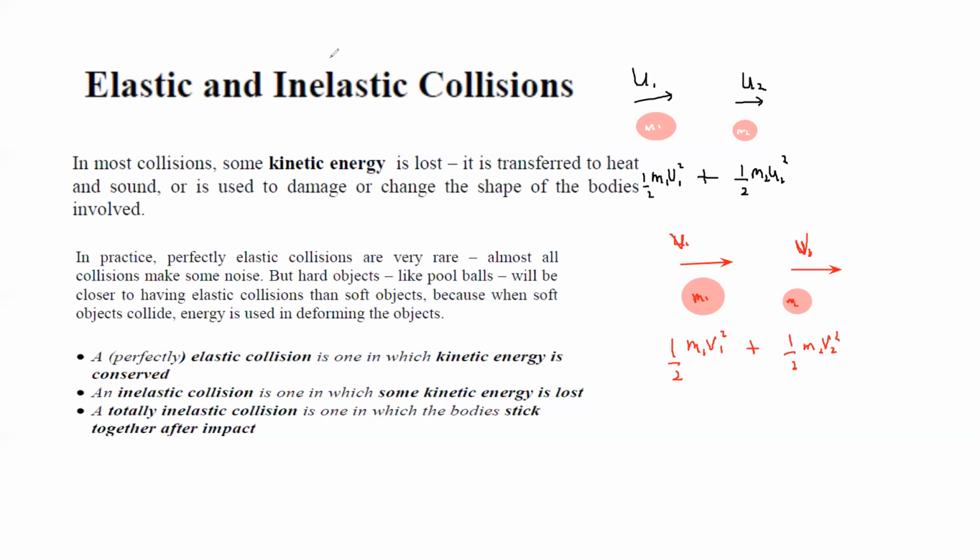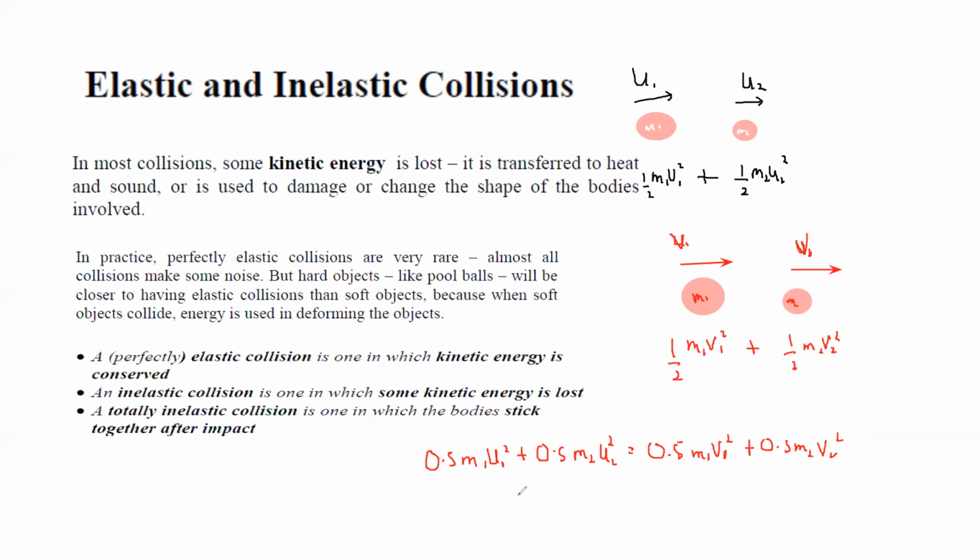So when we compare these two equations, we can say 0.5 m1 u1 square plus 0.5 m2 u2 square is equal to 0.5 m1 v1 square plus 0.5 m2 v2 square. 0.5 is common, I can cancel that out.